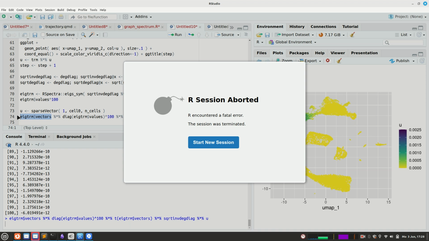Each component gets weighted by this D^(1/2). So it's a Euclidean norm weighted by D^(1/2). A vertex with degree 20 will have twice as much weight in this Euclidean distance as a vertex of degree 10.